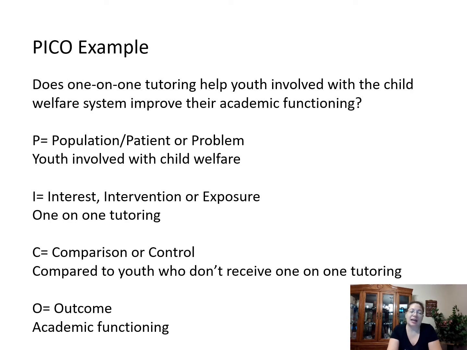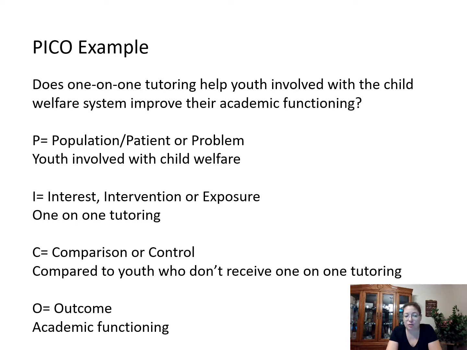Looking at another example, for instance, does one-on-one tutoring help youth involved with the child welfare system improve their academic functioning? The population here is youth involved with child welfare, and the intervention that we're considering is the one-on-one tutoring.